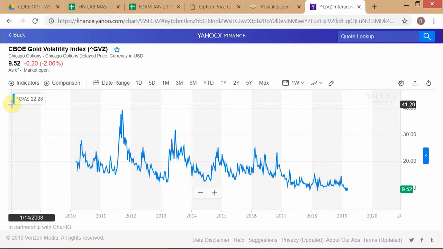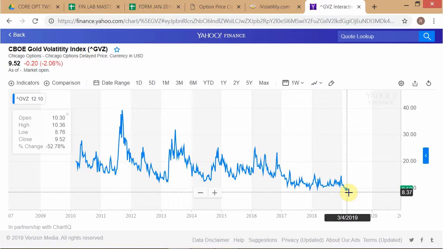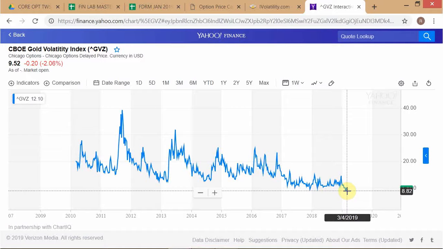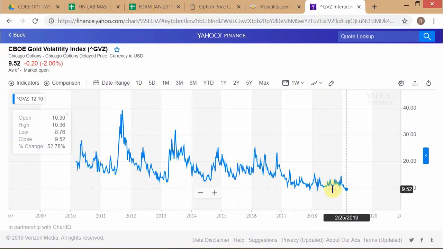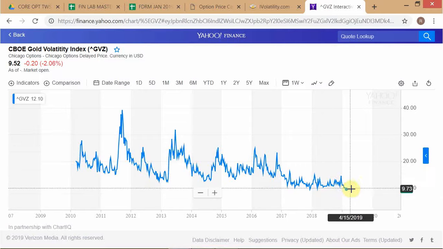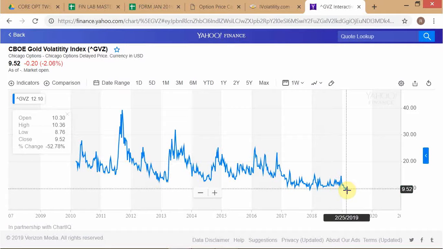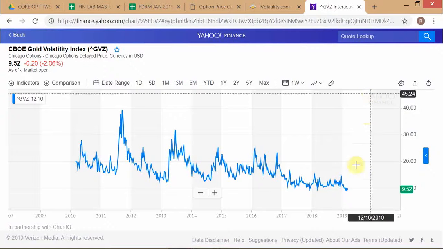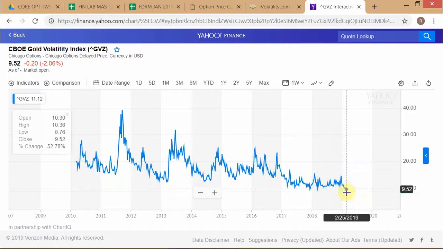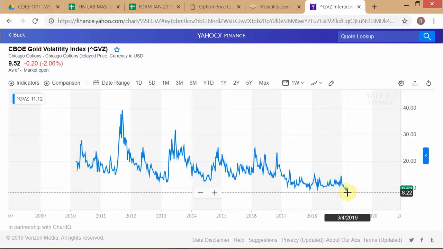Okay, so if you're a mean reversion type of guy, this kind of thing probably is going to make you bullish on options. Okay, because you see this keeps going down, then obviously as a mean reversion guy, you expect this to turn around and jump up and start going back to the mean. So let's say I'm a mean reversion guy when I form my view on IVOL. So my underlying view on GDX was bullish, and my underlying view on IVOL is also bullish.